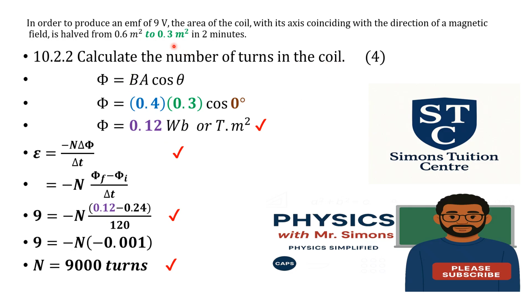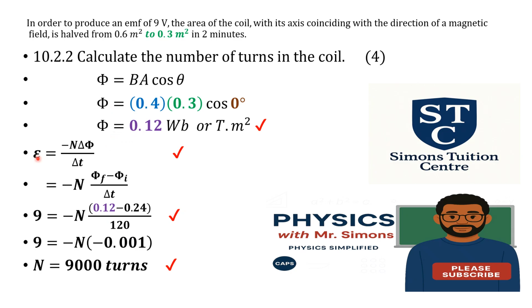Again, there's a change in area, so phi and area are directly proportional. If I halve the area, I'm basically halving phi. Remember what phi at 0.6 was? 0.24. So here, phi equals B A cos theta, 0.4, my area is now 0.3, and we're still working with cos 0. That gives me 0.12 Weber. So as you can see, the area got halved, therefore my magnetic flux also became half.